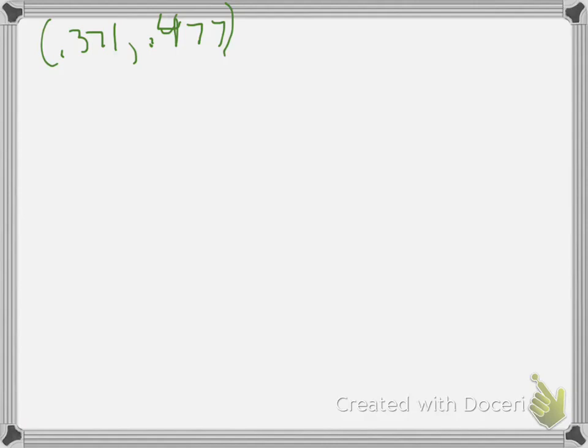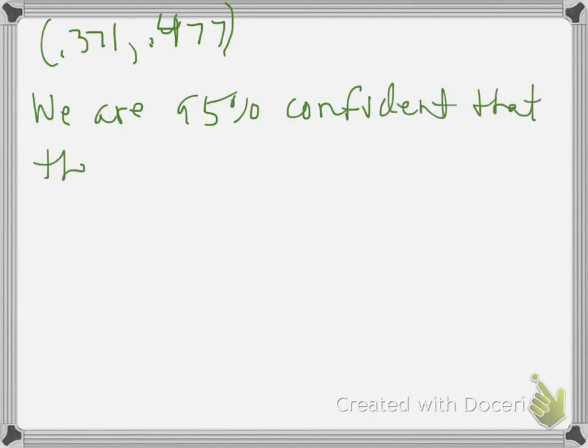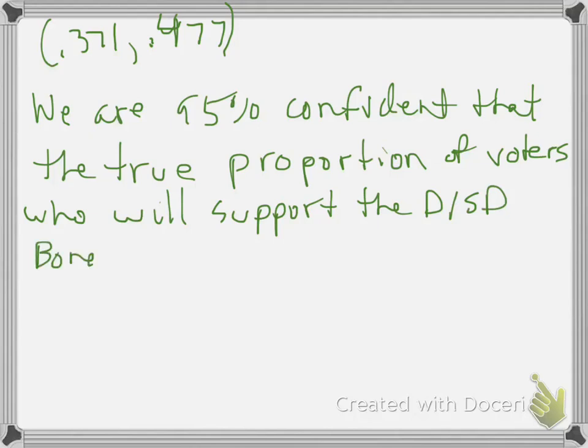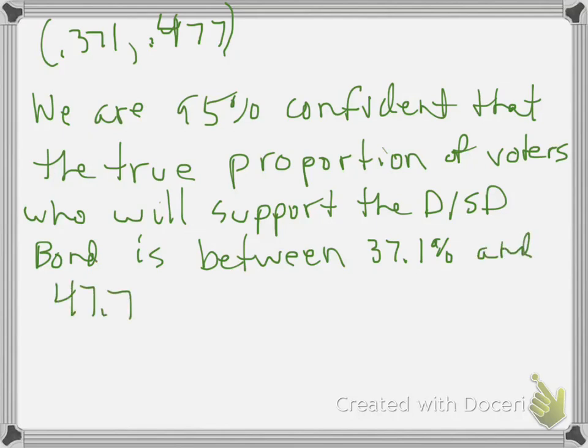So what we can say is we are 95% confident that the true proportion of voters who will support the DISD bond is between 37.1% and 47.7% of voters. That would be the interpretation of it.